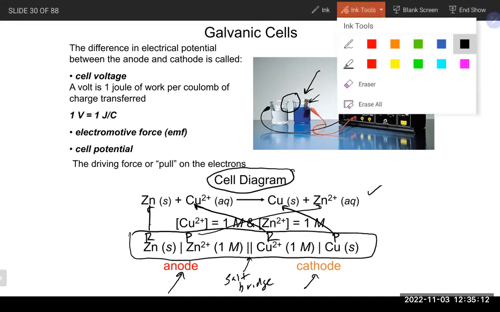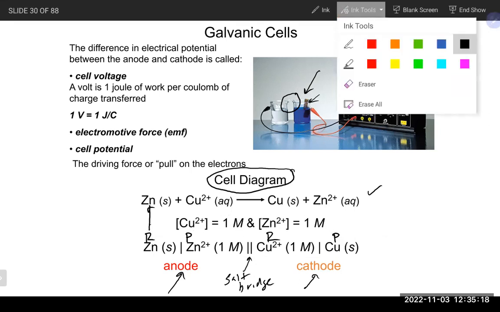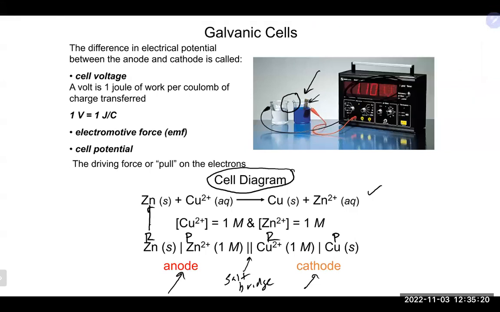Other things that sometimes show up in these cell diagrams, as you can see there, is that they will sometimes put the molarity down for the things that are floating around in the solution. As I mentioned before, sometimes you may have something like platinum or some other type of metal show up when you have something that's a gas.